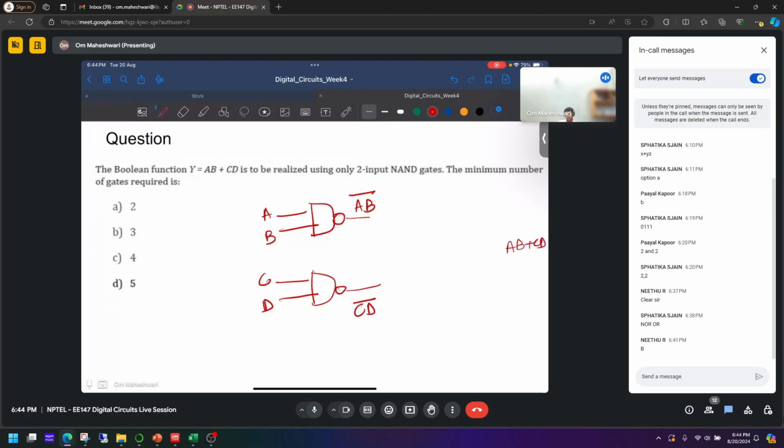So if I NAND them again, I will get that, right? The output here will be AB bar dot CD bar, whole bar, which is AB bar plus CD bar, which is AB plus CD. So the number of gates that you need is 1, 2, and 3.